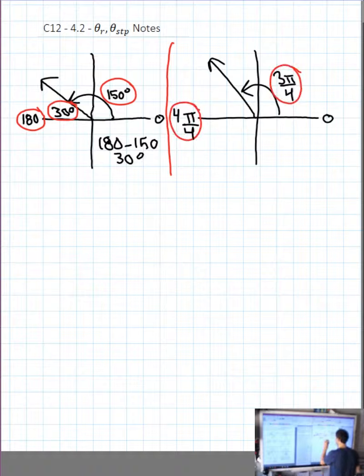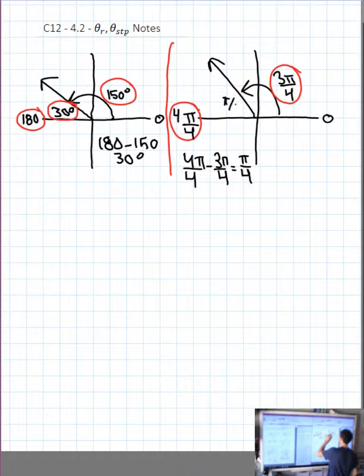So let's do that. 4 pi over 4 minus 3 pi over 4 equals pi over 4, which means that this reference angle is pi over 4. Now what is pi divided by 4? Well, pi divided by 4, 180 divided by 4 is 45, and that looks perfect. So we need to be very comfortable using both degrees and radians.